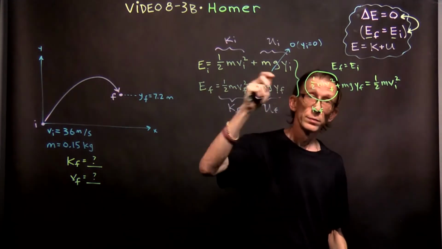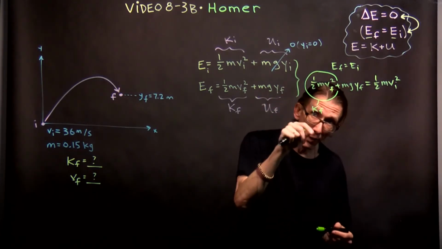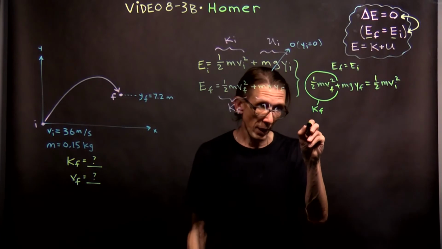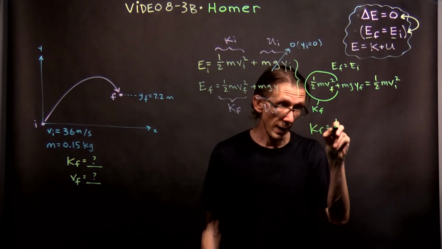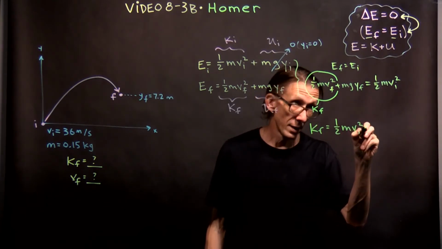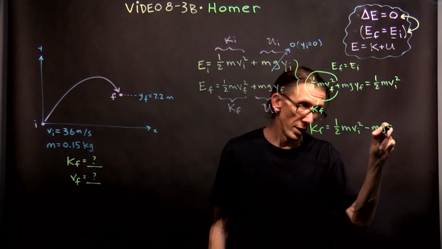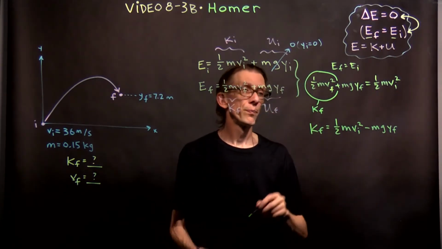So we can collapse that whole term down into calling it K sub F, and K sub F is going to be equal to 1/2 m v_i squared minus m g y_f.